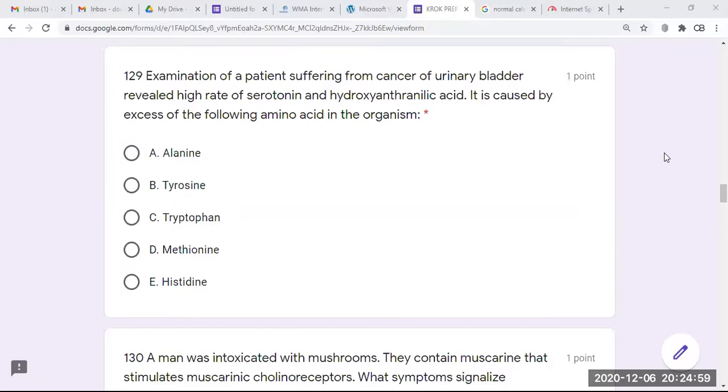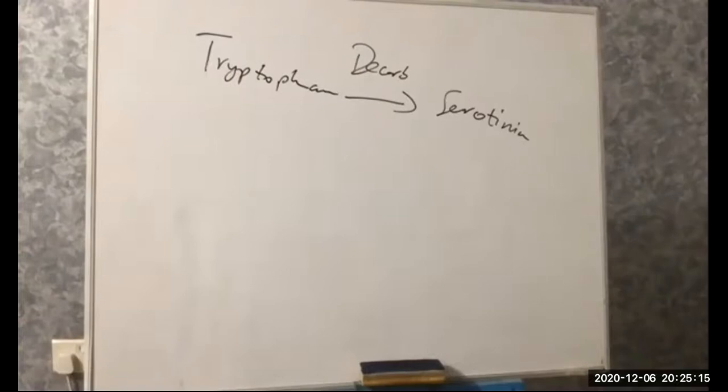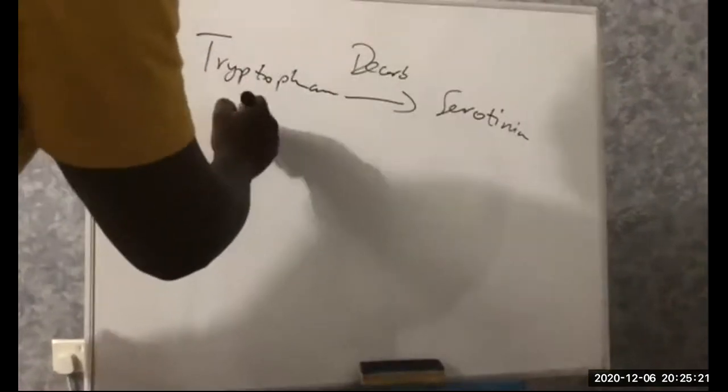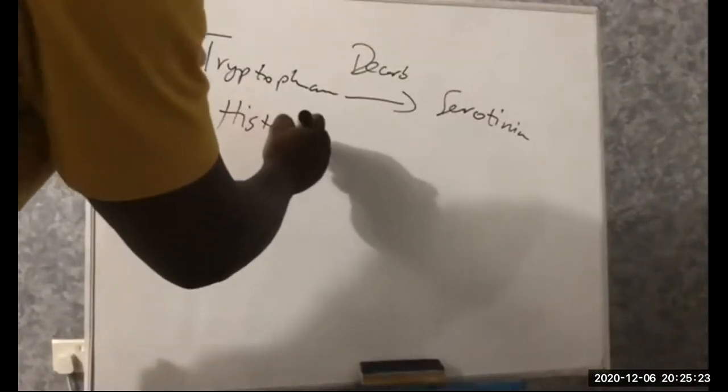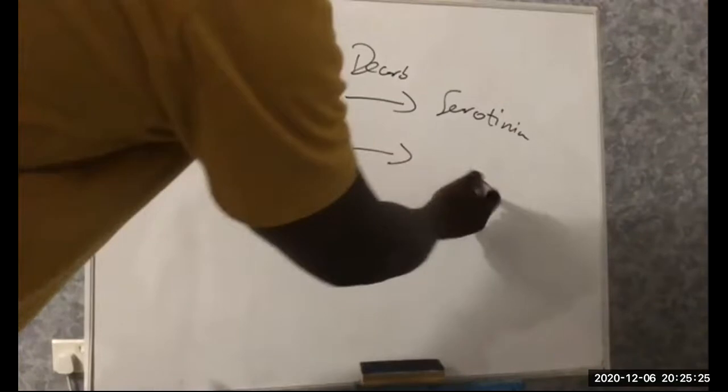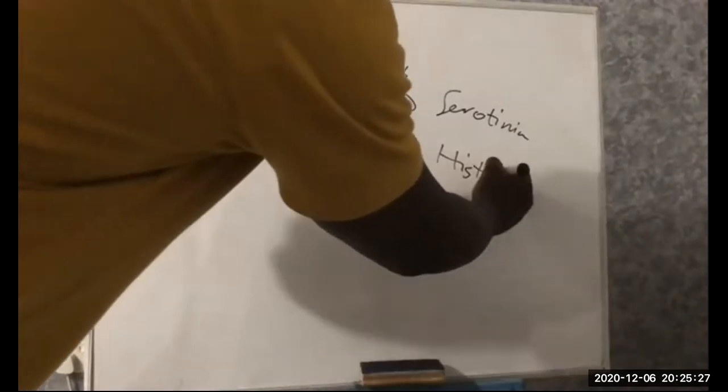So, tryptophan undergoes the process of decarboxylation, okay, and forms serotonin. As simple as that, okay? Tryptophan undergoes decarboxylation to form serotonin. Histidine undergoes decarboxylation to form what? Histamine. Okay, these are amino acids that undergo the decarboxylation process.